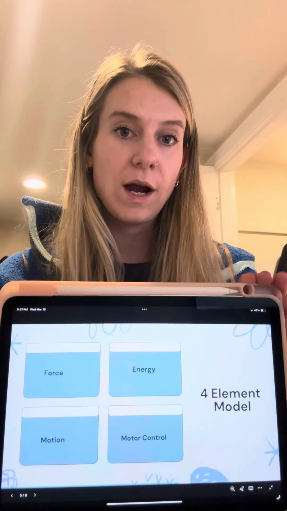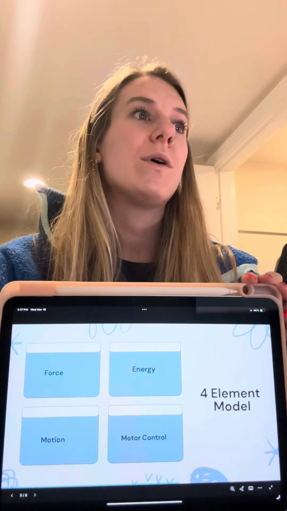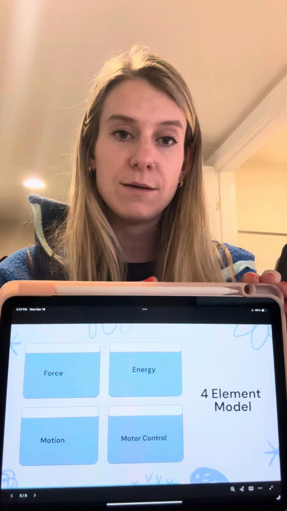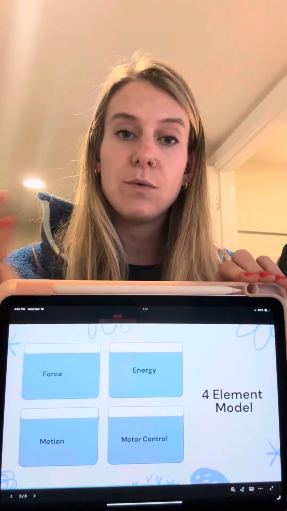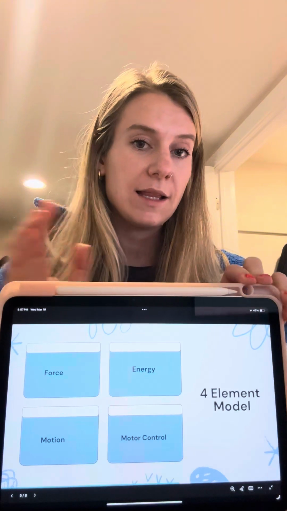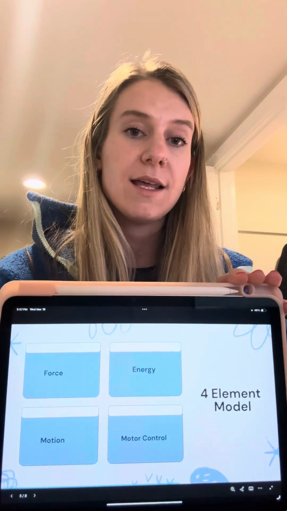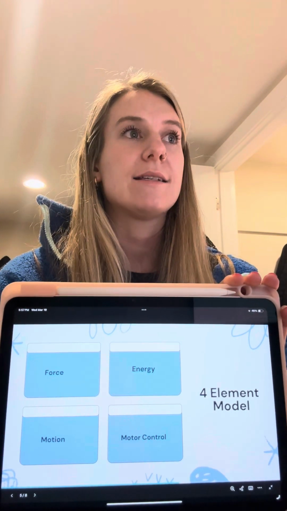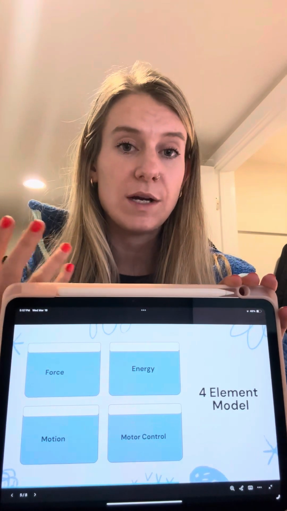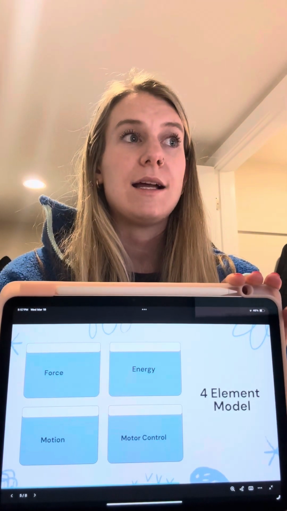The order in the 4-element model that I chose to follow was motion first, so that way I can move him from the waiting room into the treatment room and immediately have him sit on the edge of the plinth and then test ranges of motion when he ends up lying down.